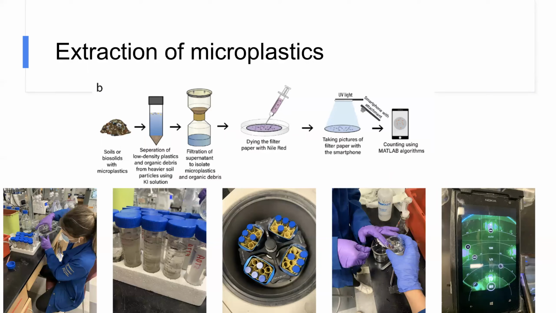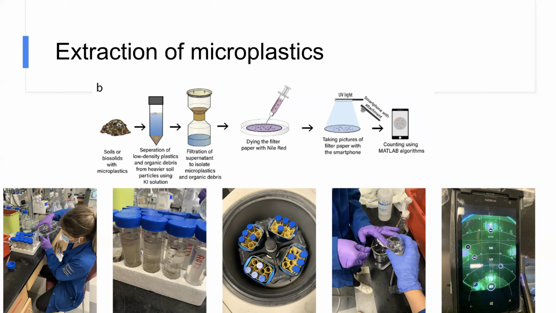So we collected the soil samples, and then we go through a series of processing before we identify. First is isolation of plastics, where we use a density separation method, which is essentially mixing some amount of the soils in a potassium iodide solution, which has a density around 1.5.